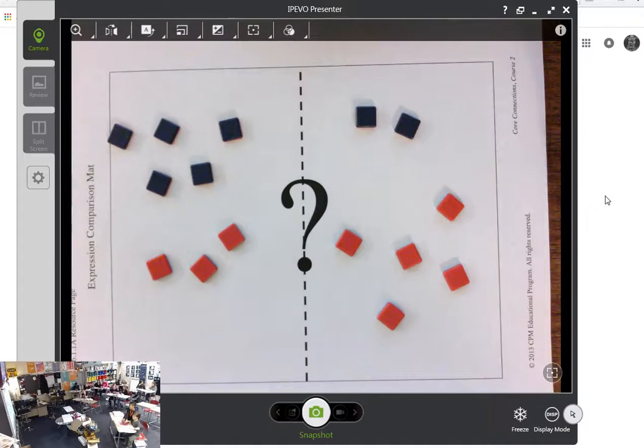Can anyone make an observation for me, what we notice from both sides, or just anything that you notice? Give me one thing that you notice. Ellen, what's one thing that you notice?